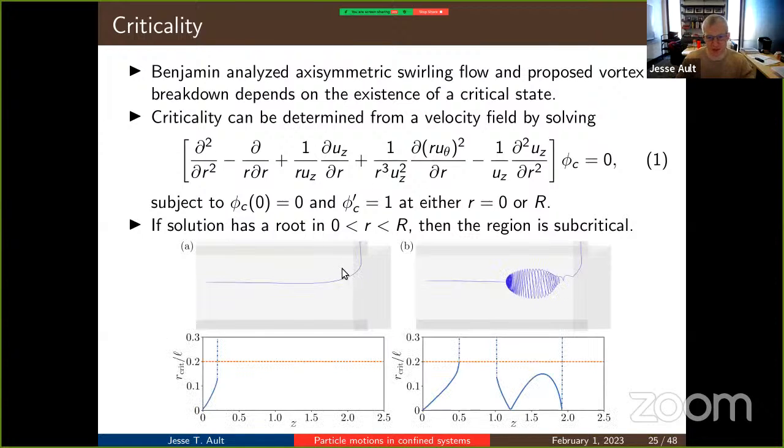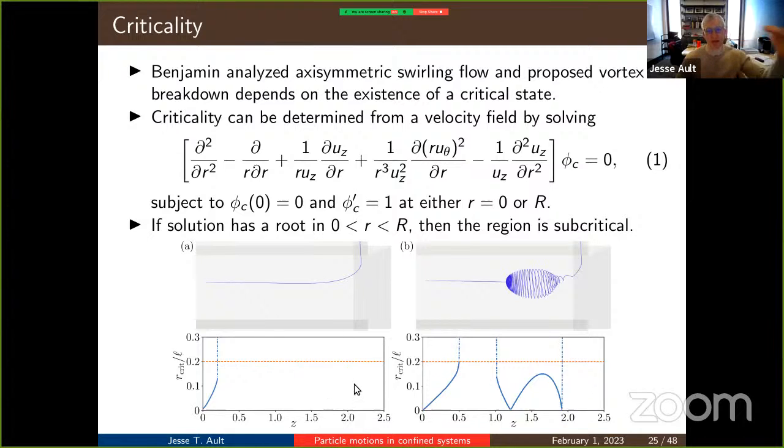But if you do this for our double bubble breakdown mode, again, you have symmetry about z is 0. Then at a lower Reynolds number, you get here, our crit is the location of the root of the solution to this equation. So again, remember back to the definition, if the solution has a root within your radius of analysis, then the region is subcritical.